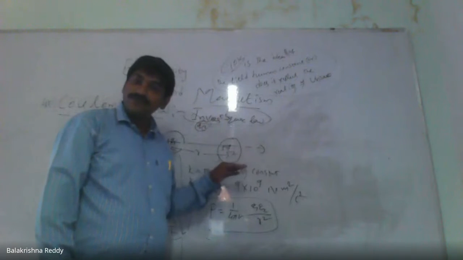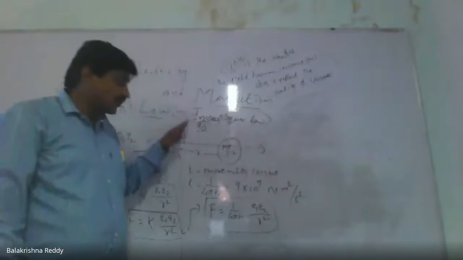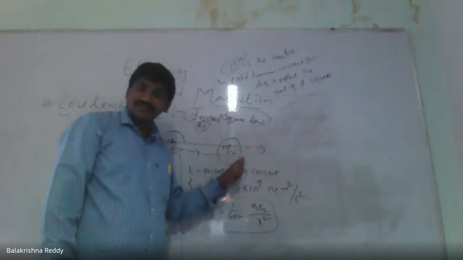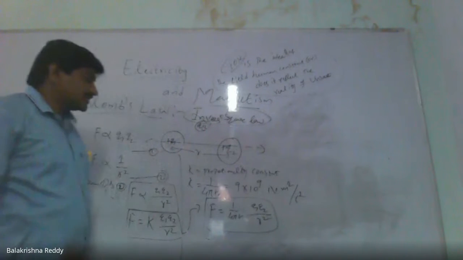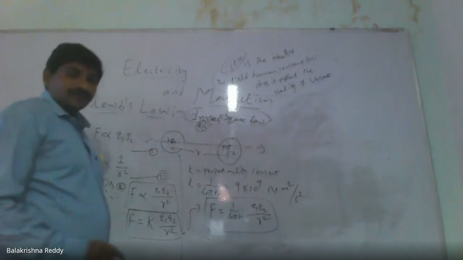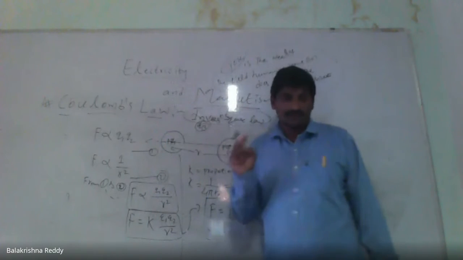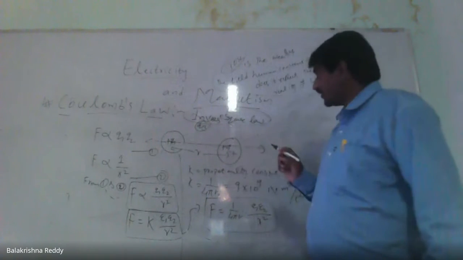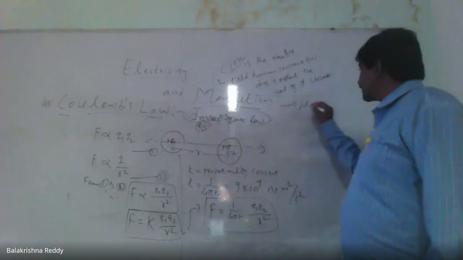Got my point? At the same time, the force between these two will not be affected by the force exerted by this charge. Okay, this is nothing but Coulomb's law. Coulomb's law is applicable for microscopic charged particles always.